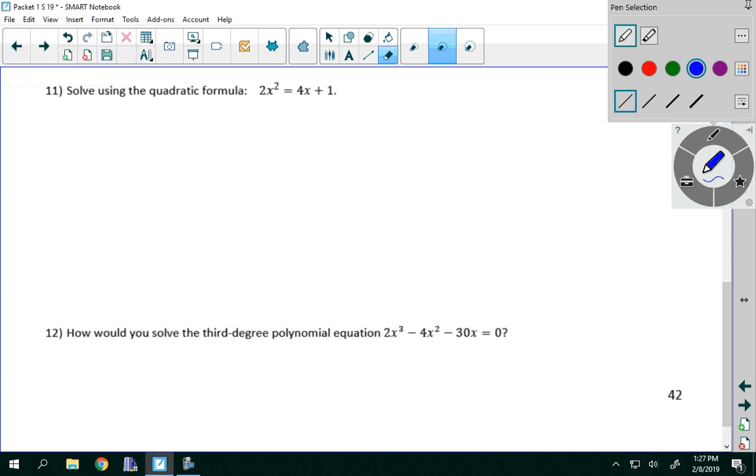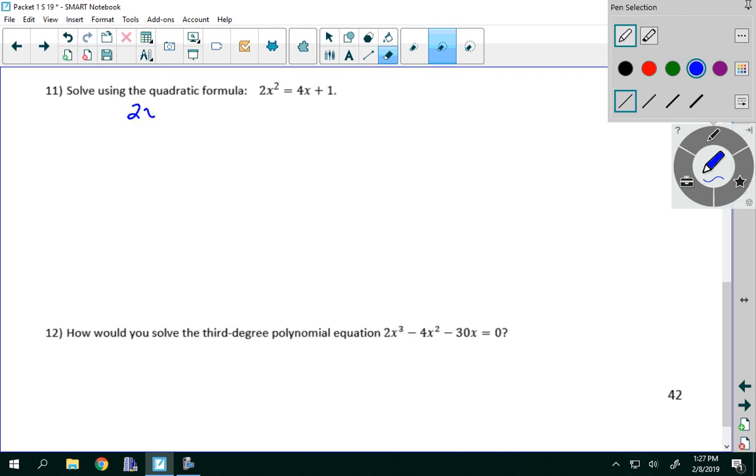Let's continue with lesson activity number 11 and number 12 from lesson number 7. Lesson activity 11, solve using the quadratic formula. So we have a quadratic equation that we need to set equal to 0.